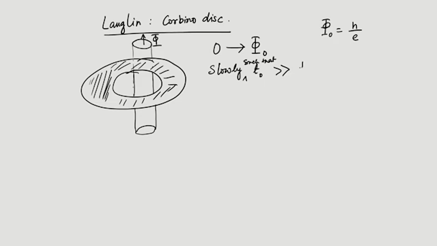And here the energy scale of the problem is given by omega b. It's actually h cross omega b, but you can take h cross to be 1 for the moment. So this is what I mean by slowly. You increase the flux slowly from 0 to this flux quantum.